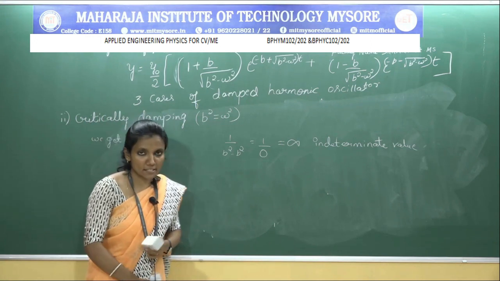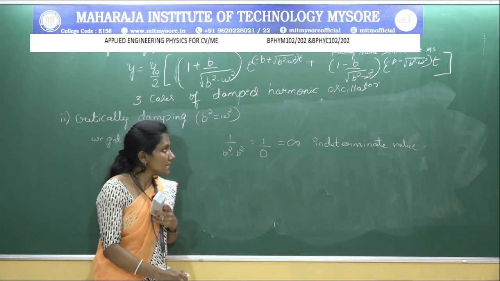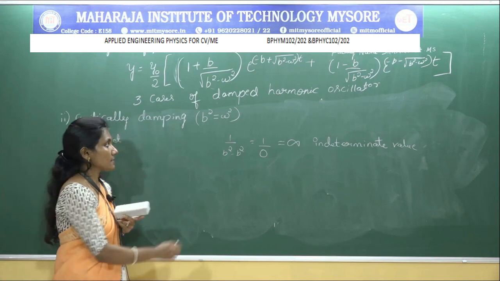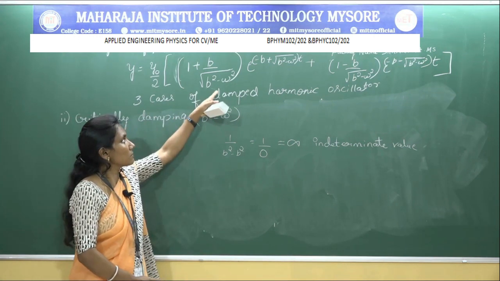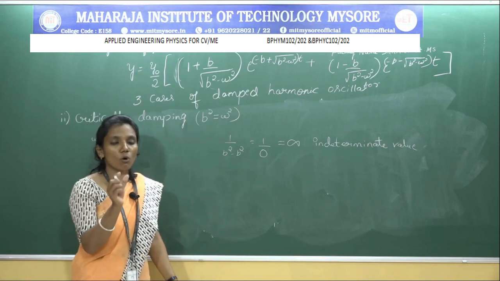So in such cases, let us consider that root of B square minus omega square is a small quantity.